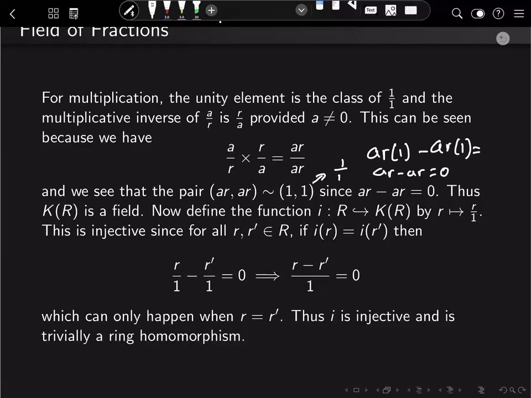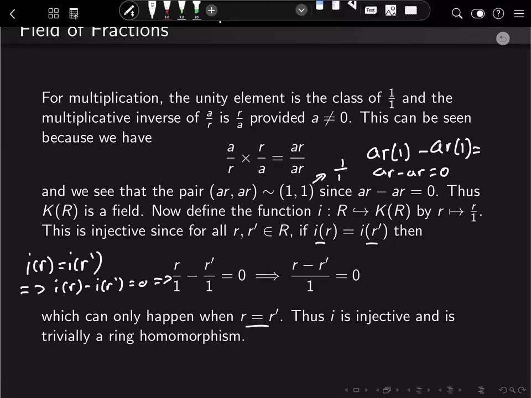And we see that this is injective: if we have I of R equal to I of R prime, then I of R minus I of R prime is equal to 0, which implies that R minus R prime over 1 is equal to 0, but this is only possible if R is equal to R prime.